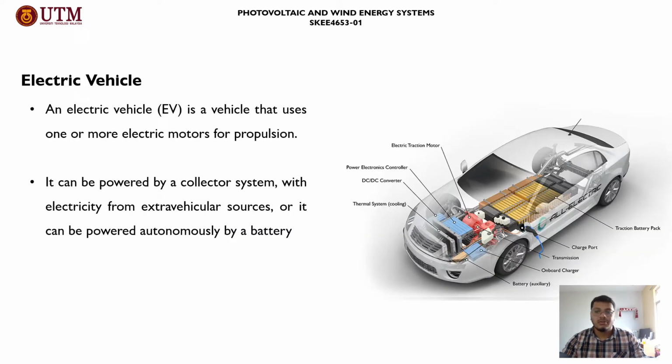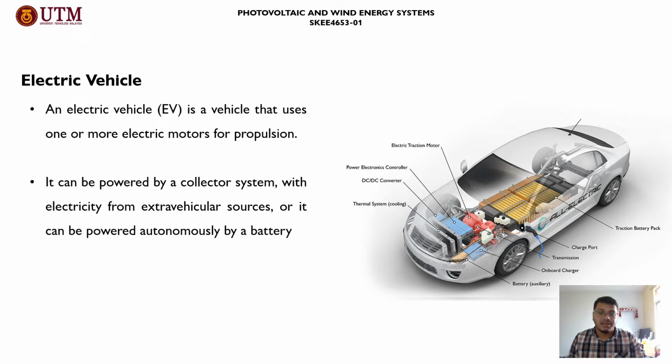Moving forward, we are going to introduce you to the electric vehicle. All electric vehicles, also referred to as battery electric vehicles, have an electric motor instead of an internal combustion engine. The vehicle uses a large traction battery pack to power the electric motor and must be plugged into a wall outlet or charging port to charge the vehicle.